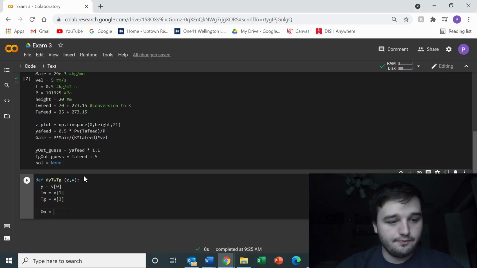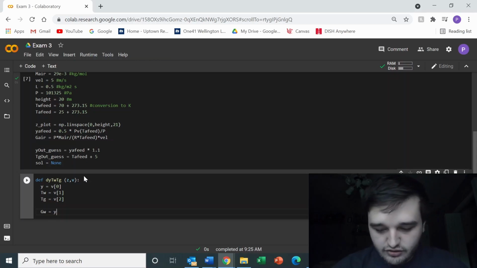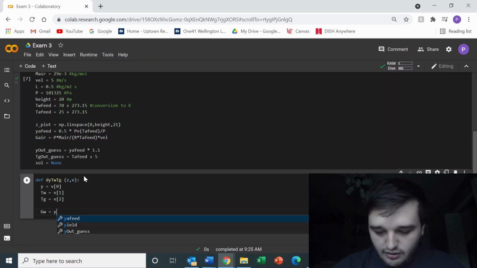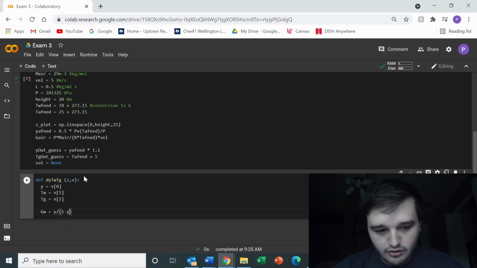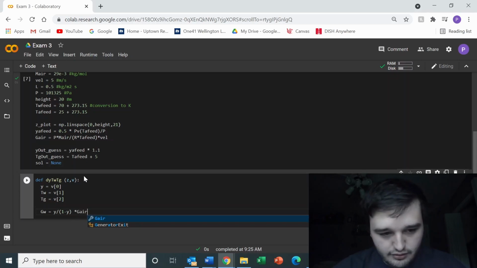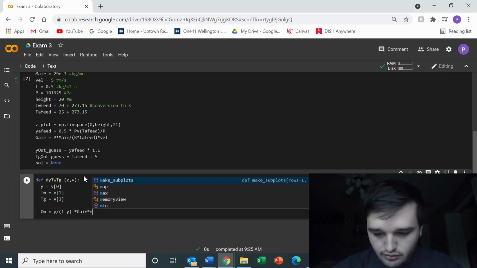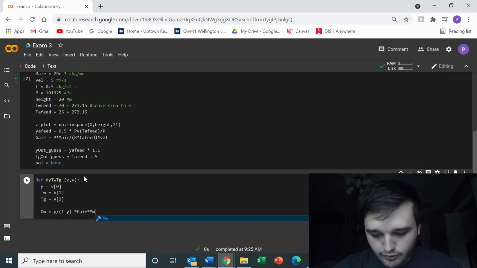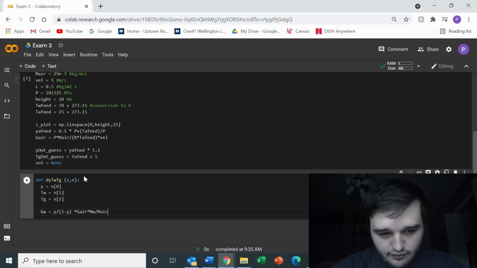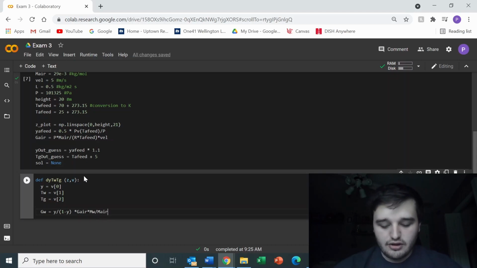So we're going to start with the gas flow rate of the water, and we're going to say that is equal to the mole fraction of the water divided by 1 minus the mole fraction of water, multiplied by the gas flow rate of the air, multiplied by the molecular weight of the water over the molecular weight of the air, which gives us that fraction. And that gives us the gas flow rate of the water vapor.